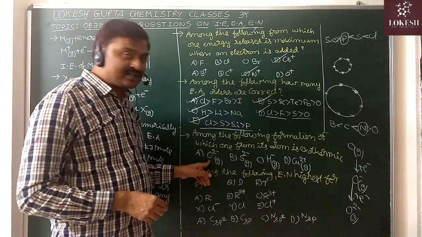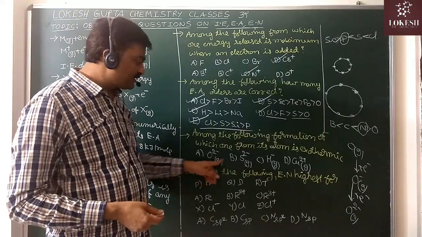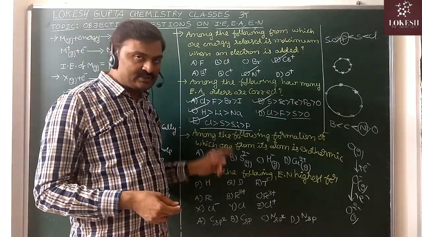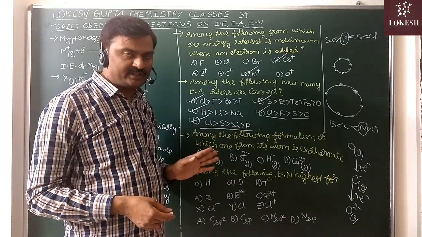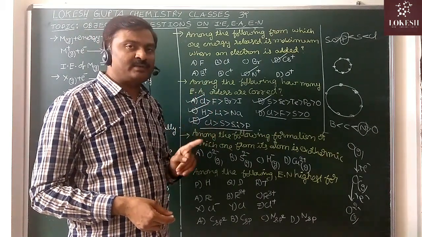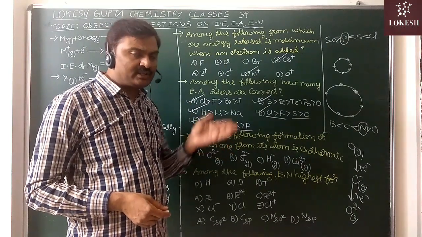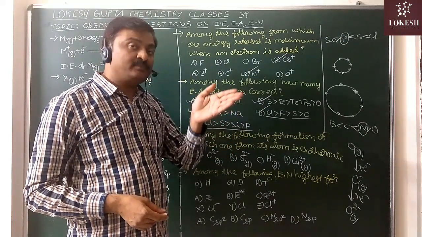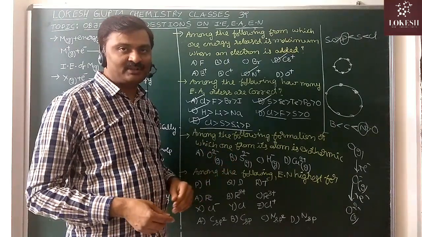So formation of oxide ion from oxygen gas is endothermic. Sulfide ion, here also, sulfur gas plus 1 electron gives S minus gas, electron affinity. To the S minus gas, we have to add one more electron to get S2 minus gas, second electron affinity. First electron affinity, exothermic. Second electron affinity, more endothermic. So formation of this one is also endothermic only.